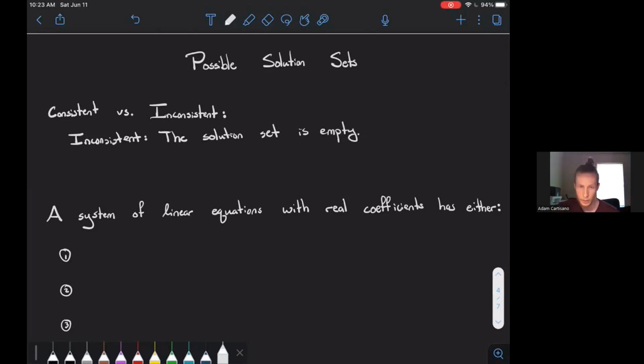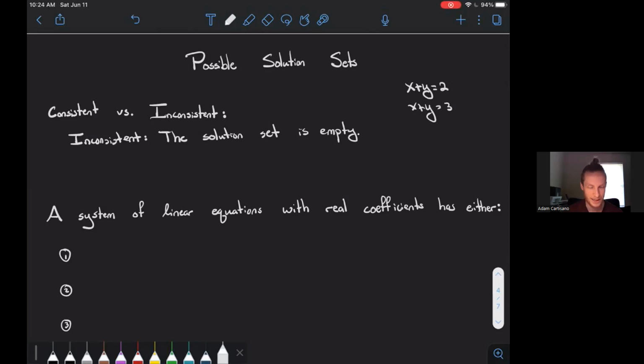Let me write down some linear equations that, when taken as a system of linear equations, is inconsistent. x plus y equals 2, and x plus y equals 3. Now, my challenge to you is to find me two real numbers whose sum is 2 and 3.